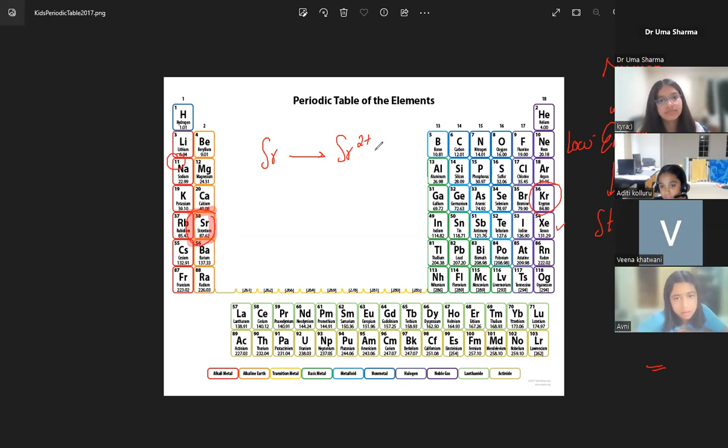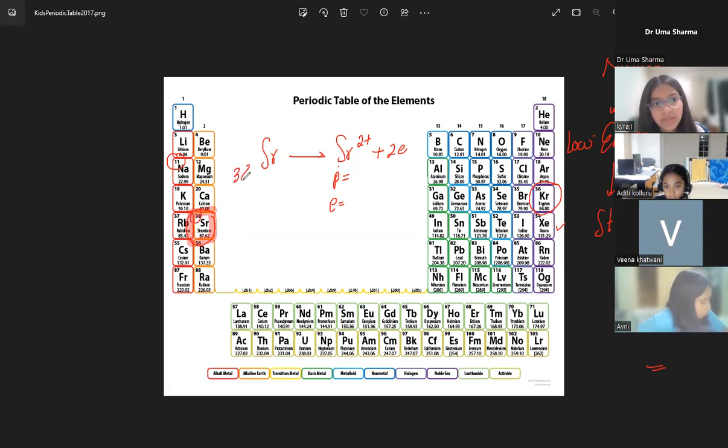If it loses 2 electrons, it's going to have a 2 plus charge, right? Why is this 2 plus charge there? Because the protons will not be balanced by the electrons, so the charge is plus. So how many protons are here in strontium 2 plus? How many electrons are there in strontium 2 plus? Can you give me the numbers, Aditi? Look at the atomic number: 38.